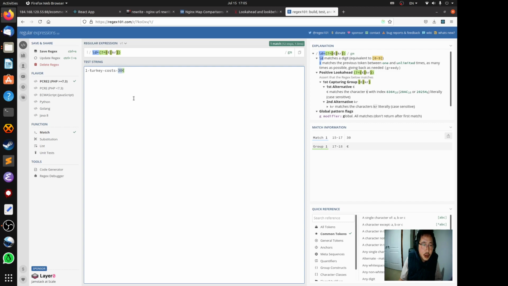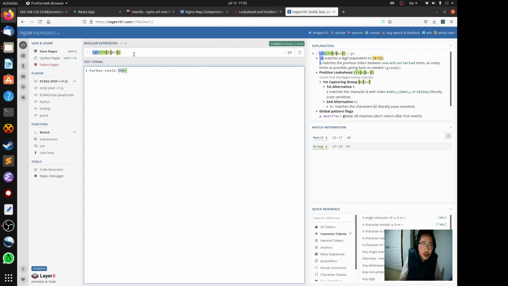The green part from the group is included in the match because you've surrounded it with another parentheses. Let me just change it to KR to see if it works. KR works as well. So this one says euro sign or KR.